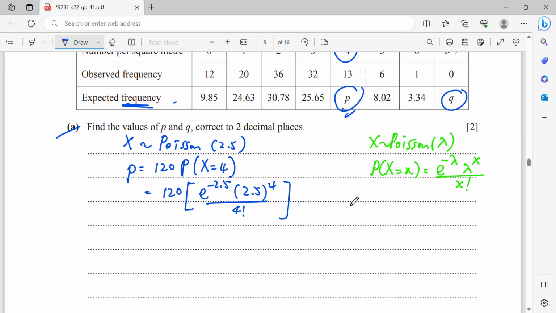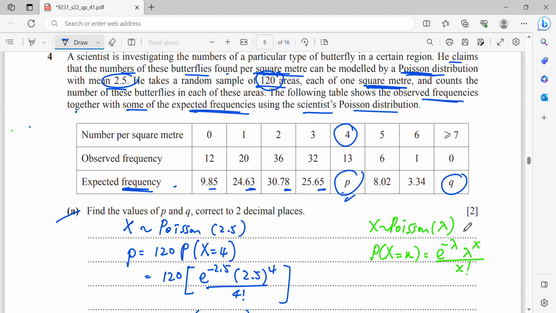When you calculate this, the probability itself is 0.1336, so 120 times that gives 16.03. I give 2 decimal places because all of your expected frequencies are 2 decimal places. That's the P calculation.